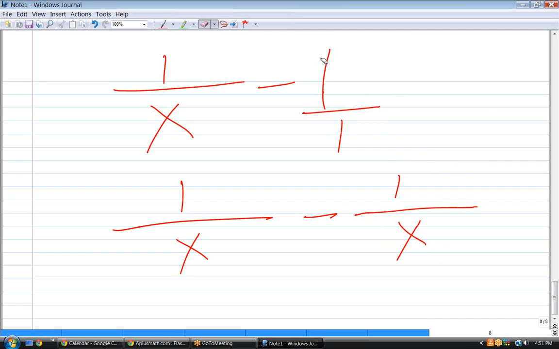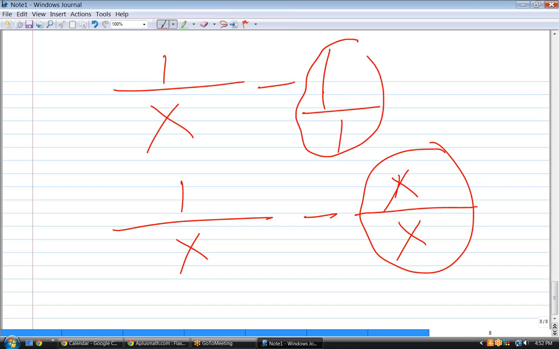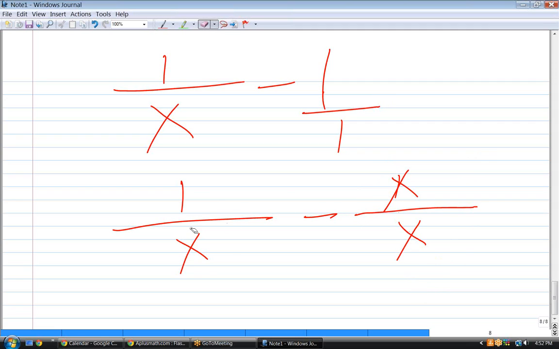X times this one is x. And now notice that x over x is 1. That's the same as this. The only beauty is that it's got a denominator that is common with this other fraction. So when you're done finding common denominators, always make sure that you have the same thing you started with.